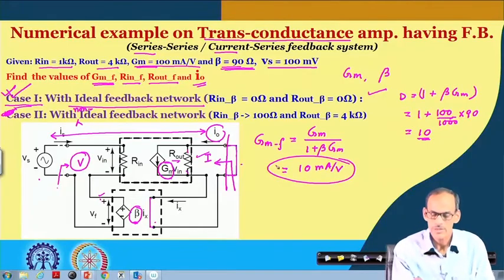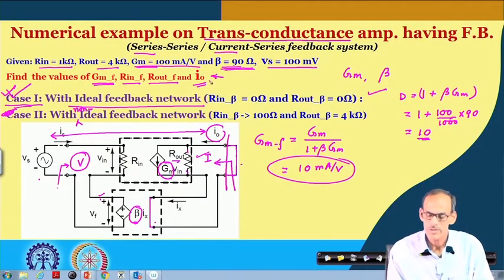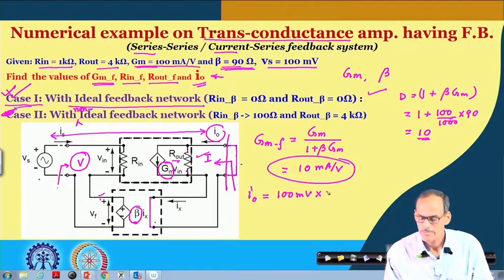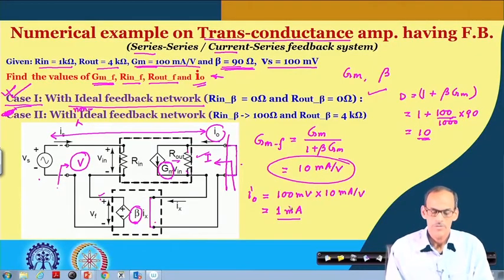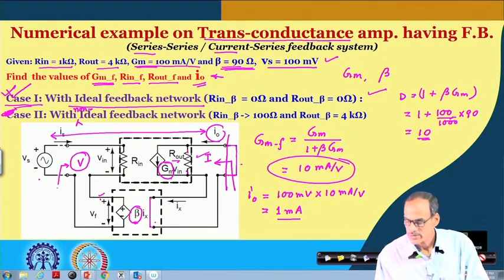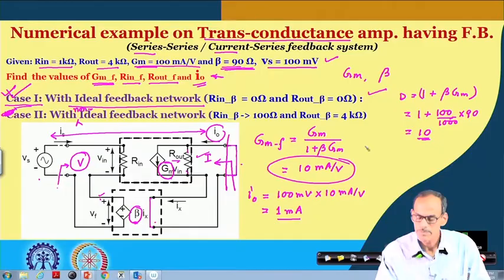In fact, from that directly you can say that I naught will be 100 millivolt multiplied by 10 milliampere per volt. So that gives us 1000 micro, or 1 milliampere, for this signal.